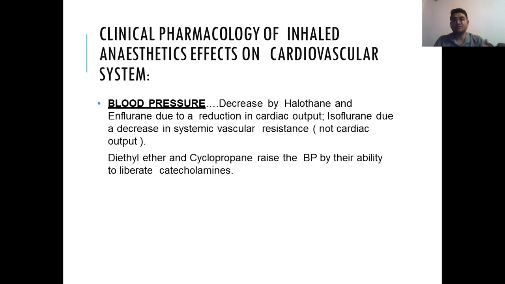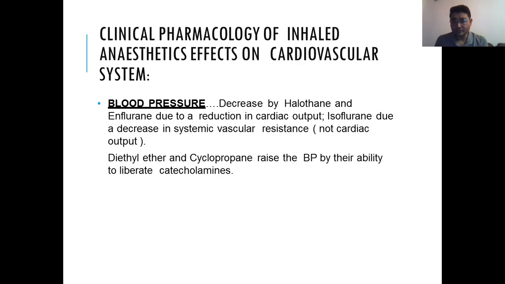For example, a patient has pregnancy, a patient has high blood pressure, a patient has ischemic heart failure, a patient has high intracranial pressure. So in these special cases, which drug is selective? Which agent should be used? Now we should know the effect of these drugs on many systems.